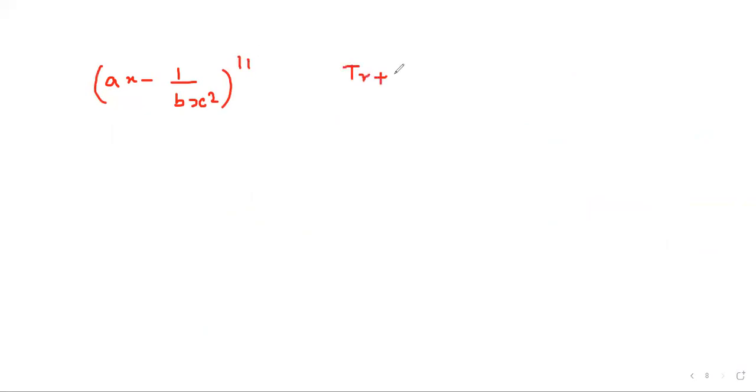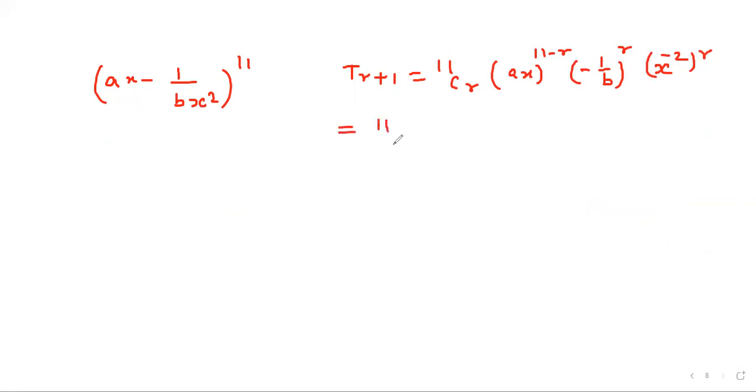Its general term will be T(r+1) equal to 11Cr (ax) power (11 minus r) times (minus 1 upon b power r) times (x power minus 2) whole power r. That is 11Cr a power (11 minus r) minus 1 upon b power r and x power (11 minus 3r).